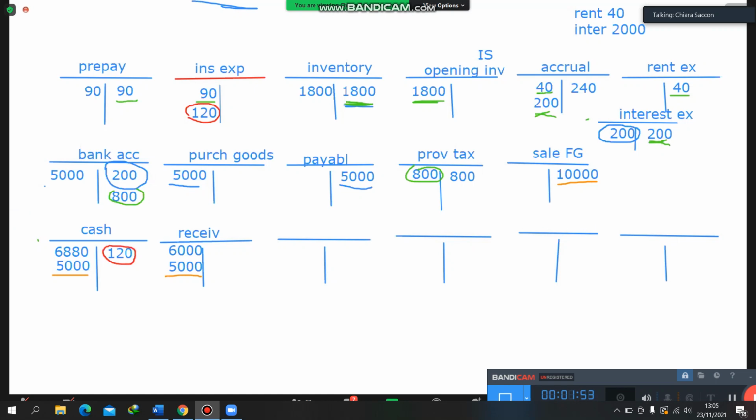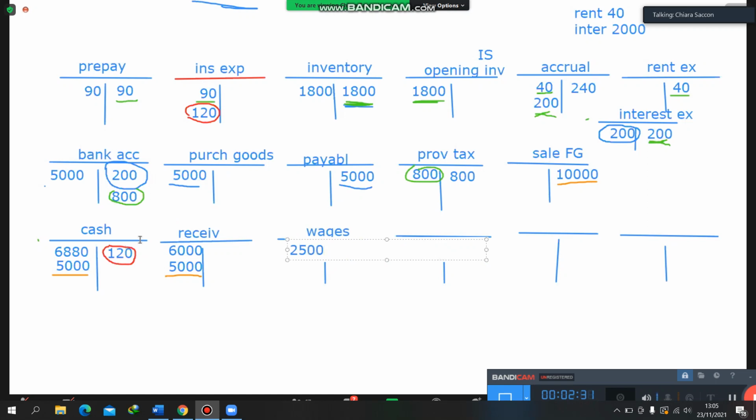Then we have wages paid. We pay wages, the retribution to our employees, for an amount of 2,500, and we use the bank account. So wages expense, it is an expense, the expense of 2,500 is going here.